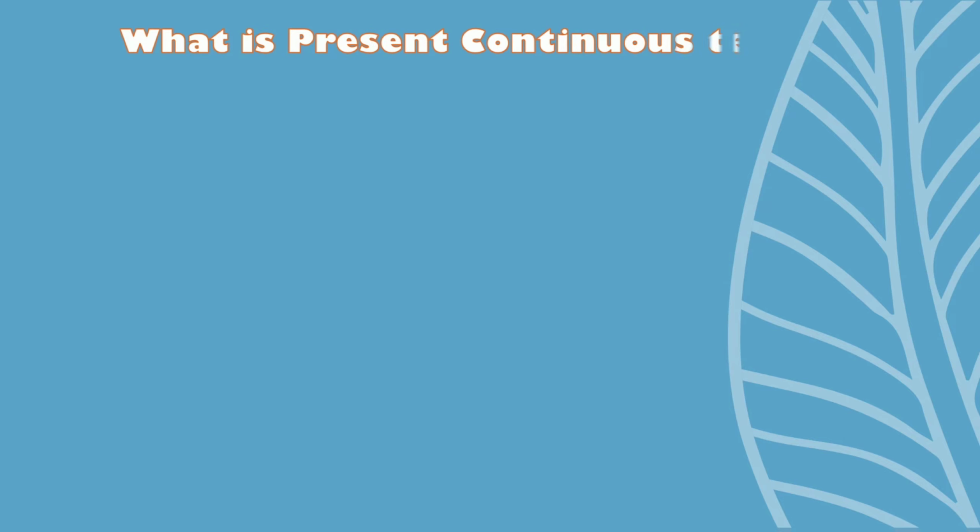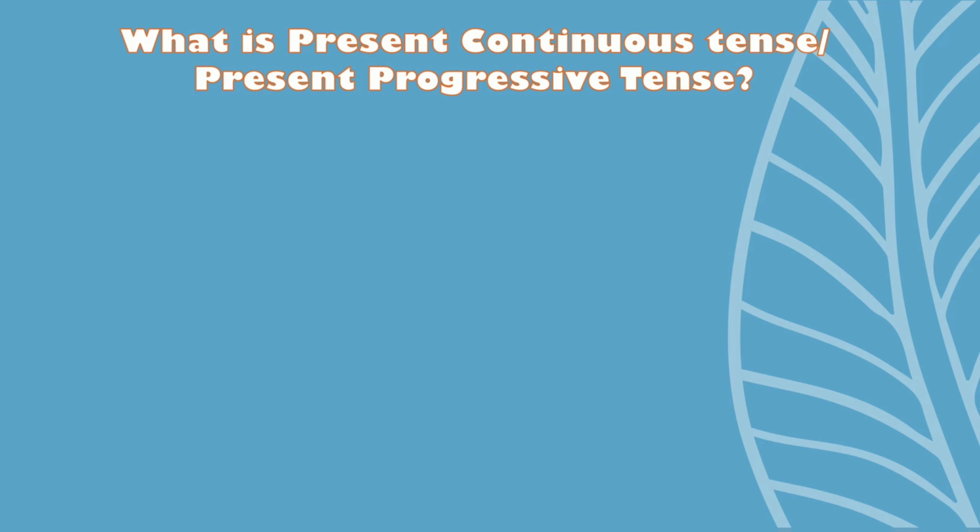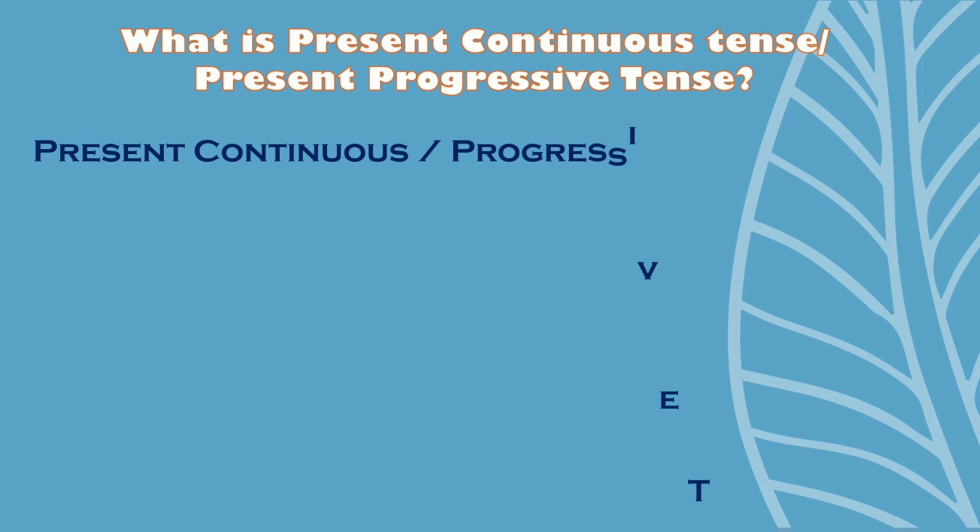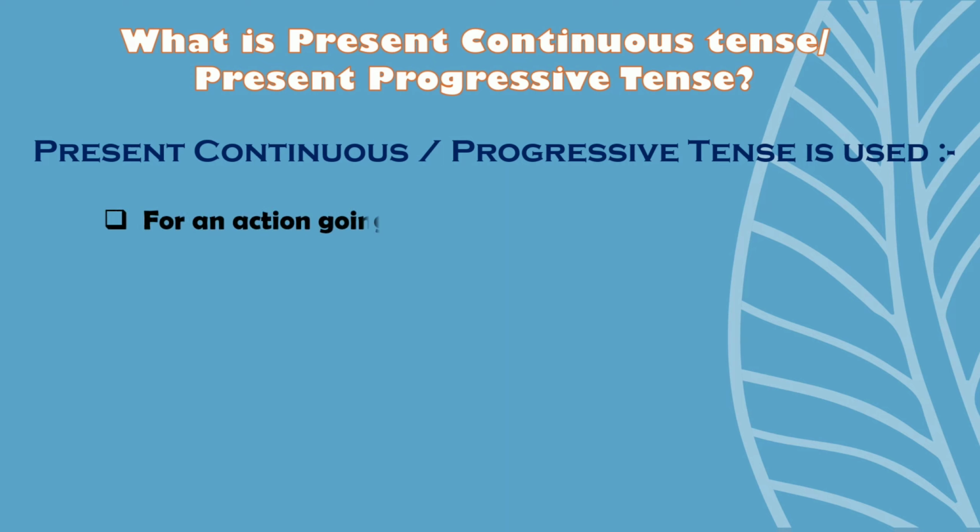What is present continuous tense or present progressive tense? Present continuous or progressive tense is used for an action going on at the time of speaking.